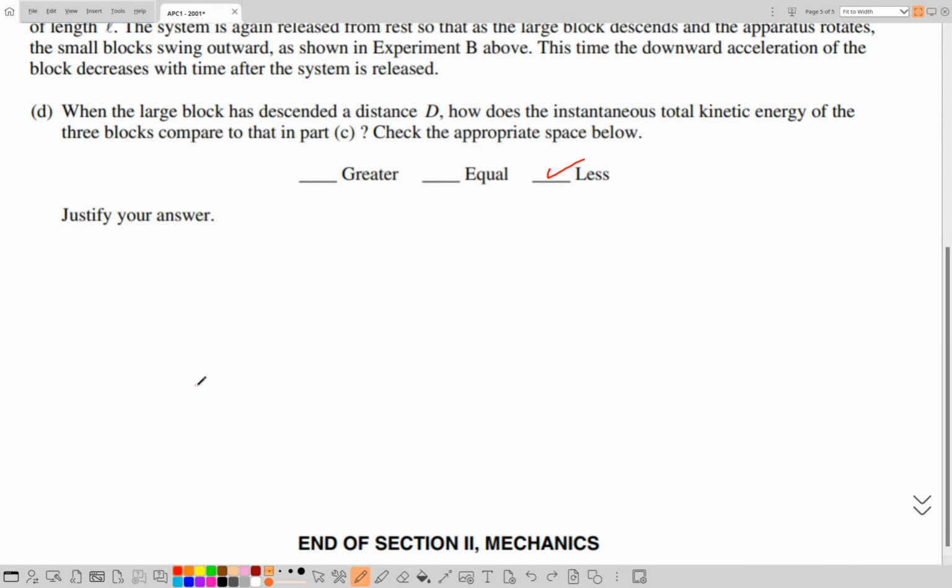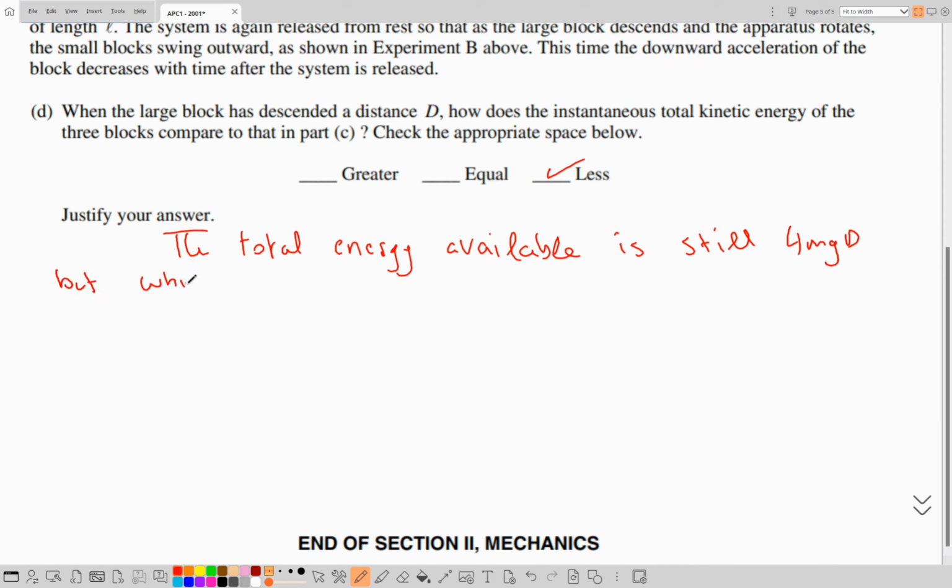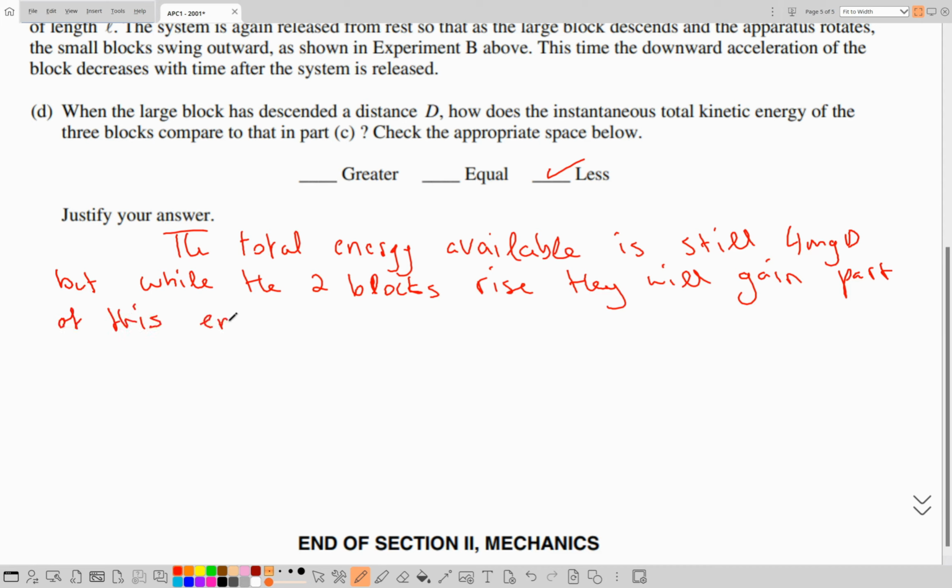Then here we can say the total energy available is still 4mgd, because the block again will descend the same vertical distance d, but while the two blocks rise, they will gain part of this energy as gravitational potential energy.